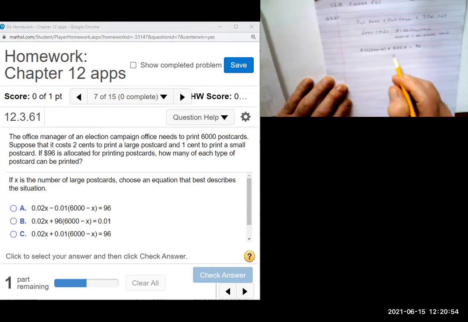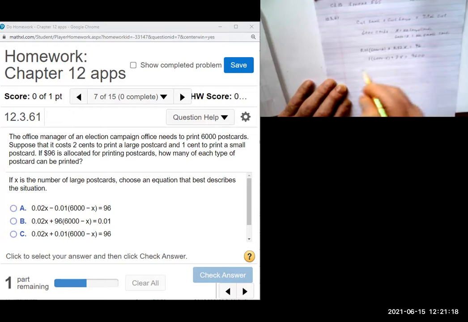This happens to be in dollar format, but if I multiplied each term by 100, I would have 1 times 6,000 minus X plus 2X equals 9,600.